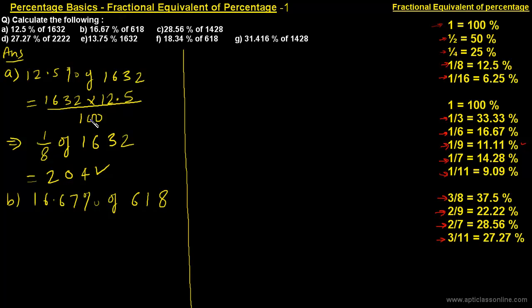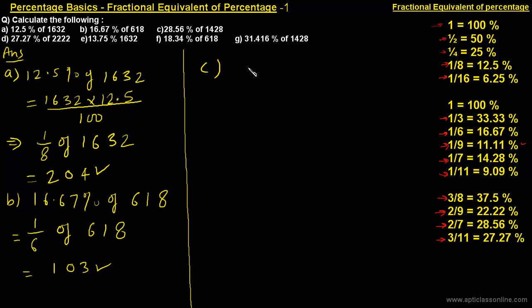Now if we solve it with the conventional percentage method, again it will be very difficult to solve without the help of a calculator. But if we use the fractional equivalent of percentage, we know that 16.67% is equal to 1 by 6. So basically that is nothing but equal to 1 by 6 of 618. That is 6 1s are 6, 0, 6 3s are 18, 103 is the answer.